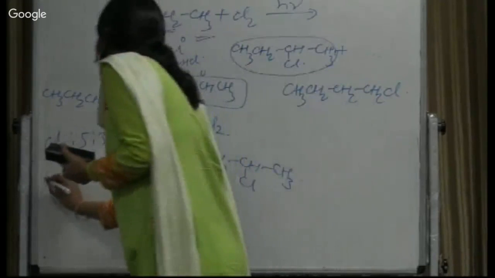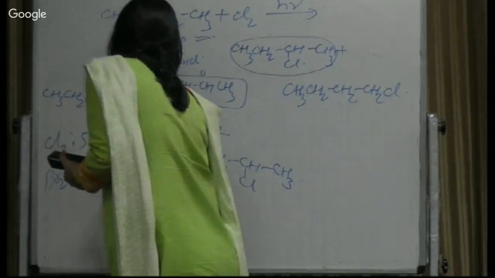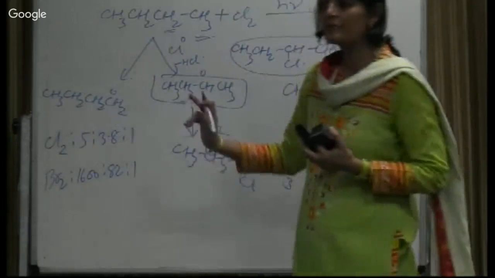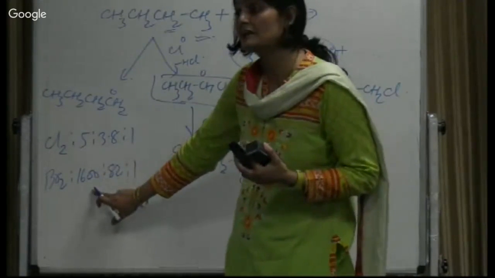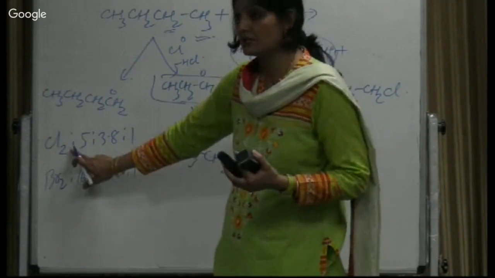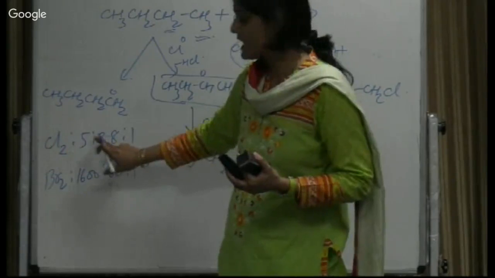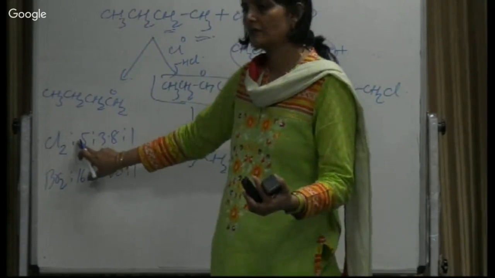And for bromine, it is higher, that means in case of bromination, you will predominantly get a tertiary substituted product. But in case of chlorination, you will get a mixture of two where the tertiary substituted product will predominate. Understand what I'm saying?